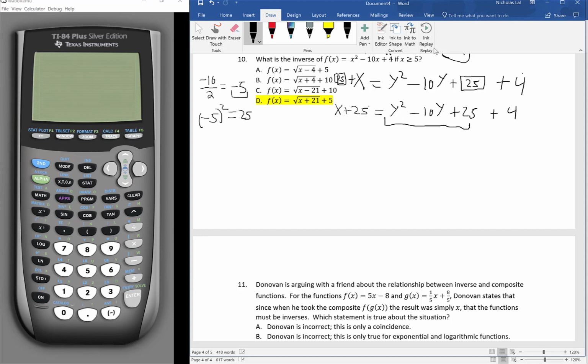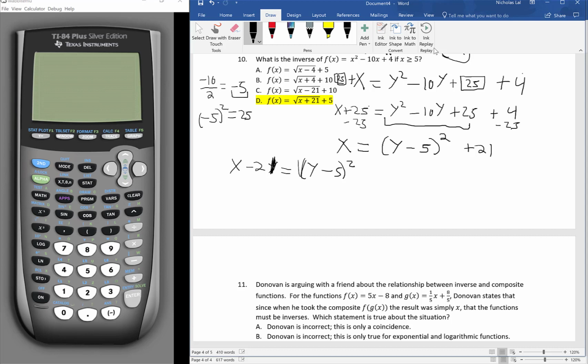And we can subtract 25 from each side. So x is equal to y minus 5 squared plus 4 minus 25. So that's going to be minus 21. Now we need to isolate y. x plus 21 equals y minus 5 squared.